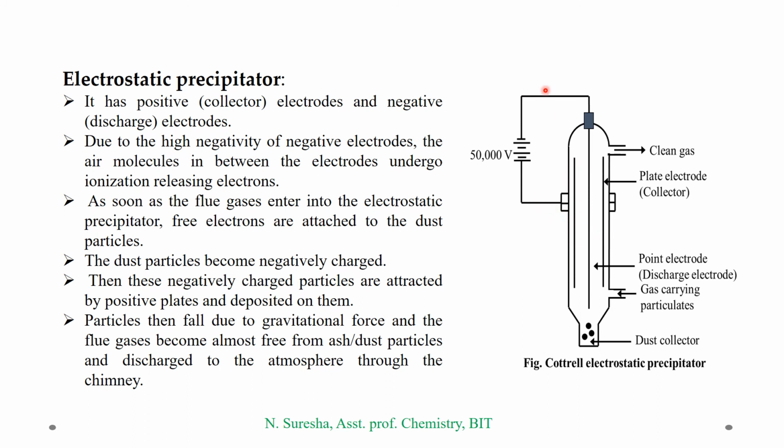These two electrodes are connected to a high tension battery of about 50,000 volt. Because of the high negative potential at the negative electrode, the air molecules in between the negative and positive electrodes undergo ionization, giving electrons.